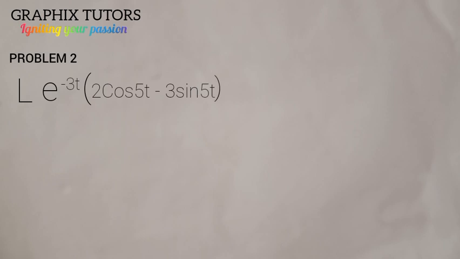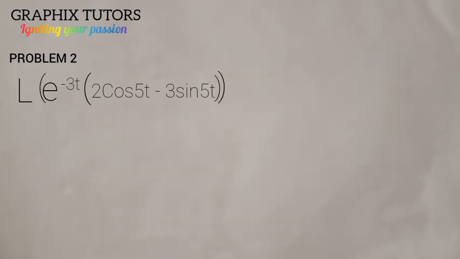Now, example 2. We are told to Laplace e to the power of minus 3t into bracket 2 cos 5t minus 3 sine 5t, close the bracket.